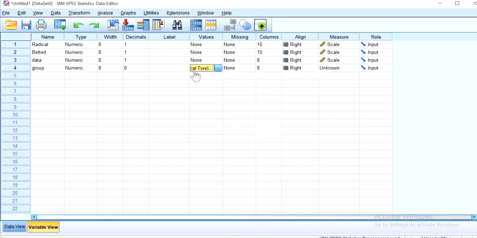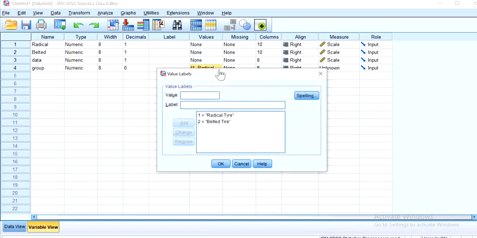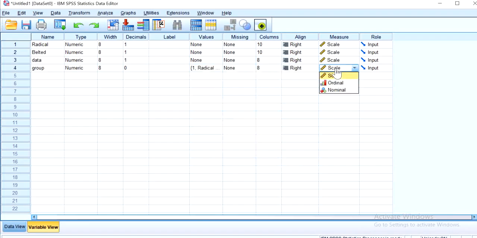So I have generated a group variable in which I am mentioning that we have two samples. I am assigning the value 1 for radial tire and 2 for belted tires. And that is nominal, though you can also choose ordinal.